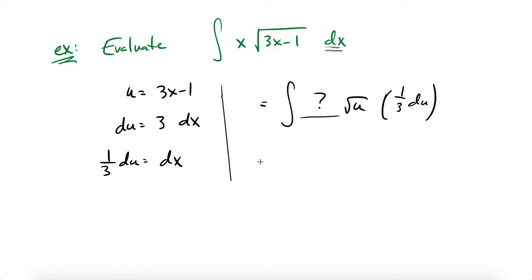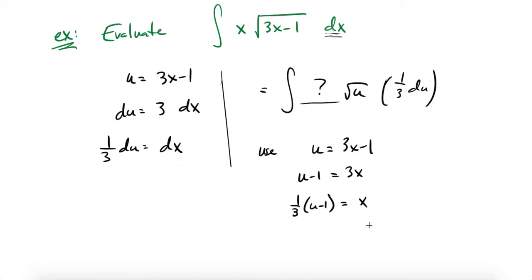What we're going to do is use the fact that u is equal to 3x minus 1. We're going to solve this relationship for x, and that's what we put in for this x. So we can see that u minus 1 is 3x, or 1/3 (u minus 1) is plain x.